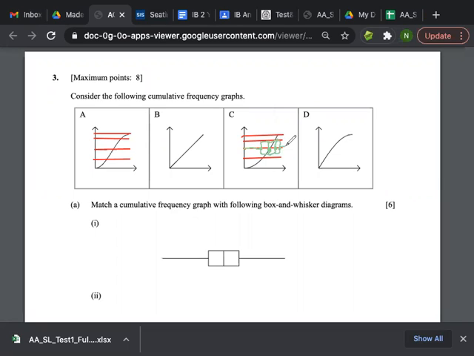I didn't do a very good job. That's supposed to be a line. Do you guys see how the line at the beginning is the longest? It takes me longer to get up to 25%, but then it starts increasing more rapidly.